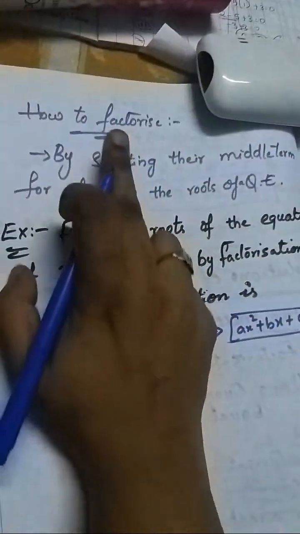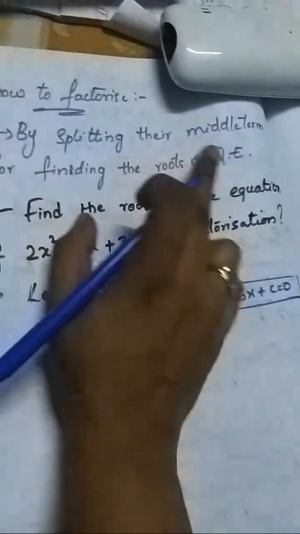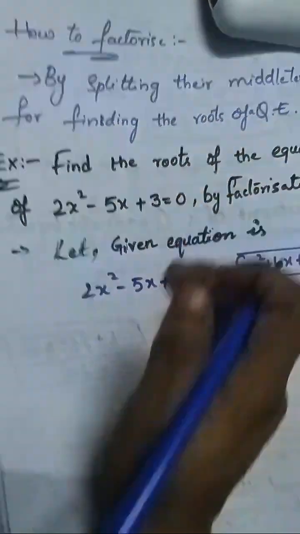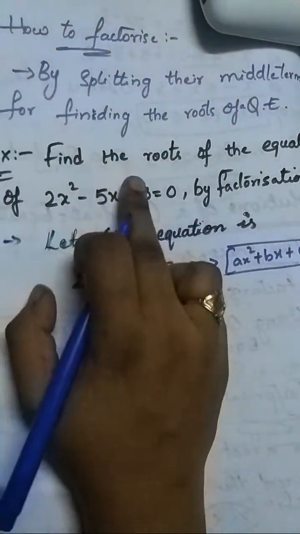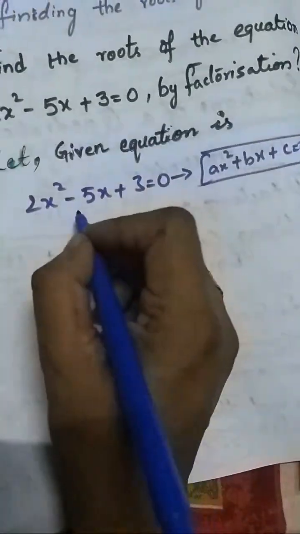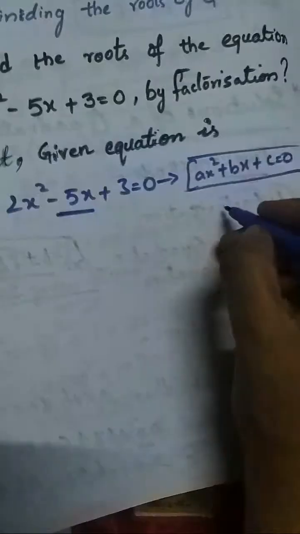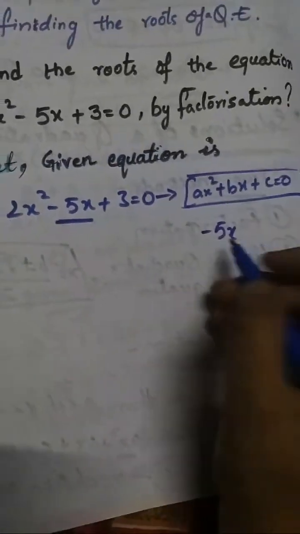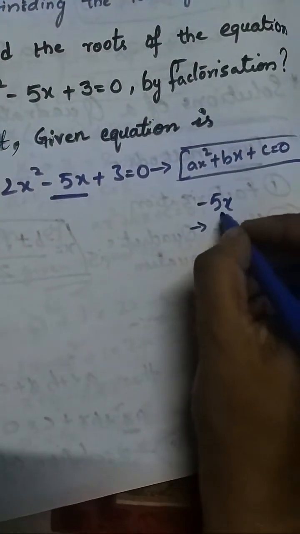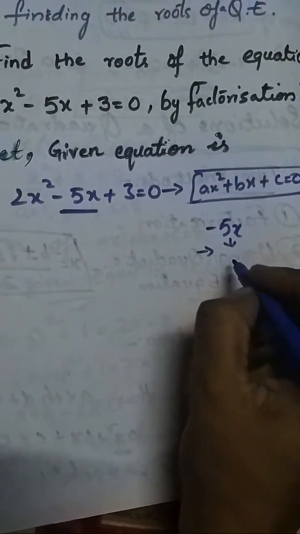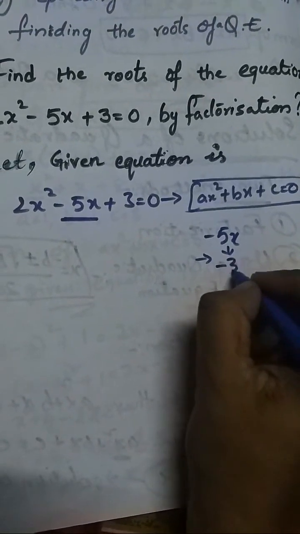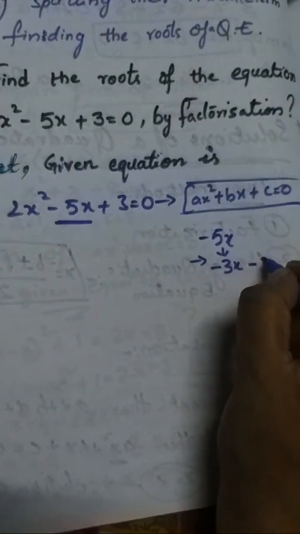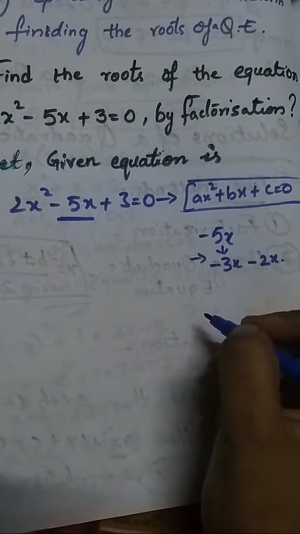So now let us split. What is the point here? How to factorize? By splitting the middle term for finding the roots. Here, for finding the roots, we have to split this middle term. Minus 5x is there. We have to divide this 5x into two terms, that is minus 3x minus 2x.